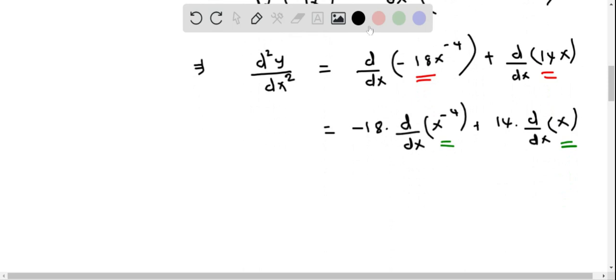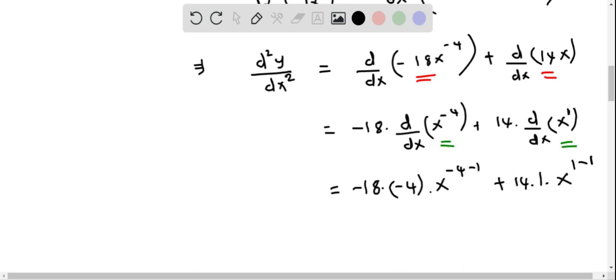So now let's simplify this. Now we can apply the power rule to find the derivative of x power minus 4, which means I have to put the power of the x, that is I put the negative 4 in front and reduce the power by 1. So therefore this becomes negative 4, negative 1 plus 14 times, once again I apply the power rule for x. So you can imagine that x is equal to x raised to the power of 1, which means I put the power in front and reduce the power by 1.